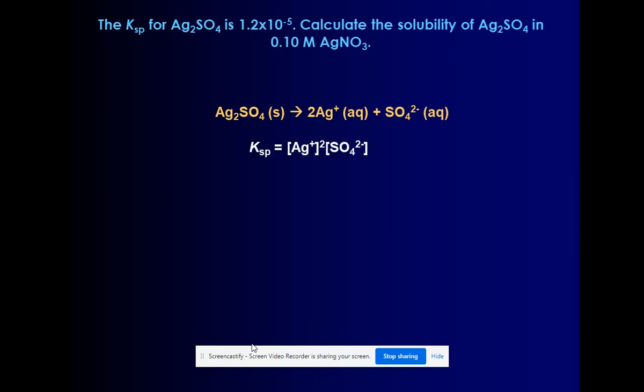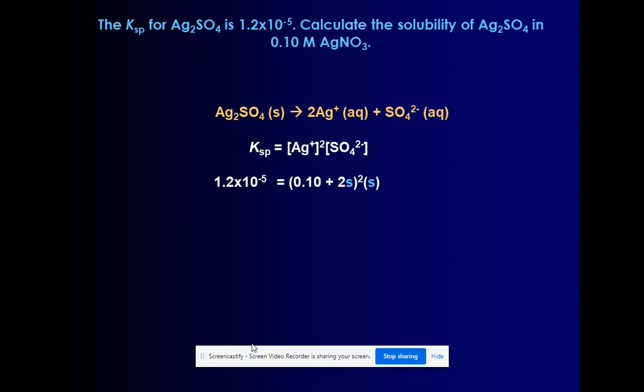The Ksp expression would be the silver ion squared along with the sulfate. I know what my Ksp value is, and I know that I have a source of silver ions, 0.1. And I know that if the silver sulfate was contributing to the silver ions, it would increase by 2s, and the sulfates would just be s.